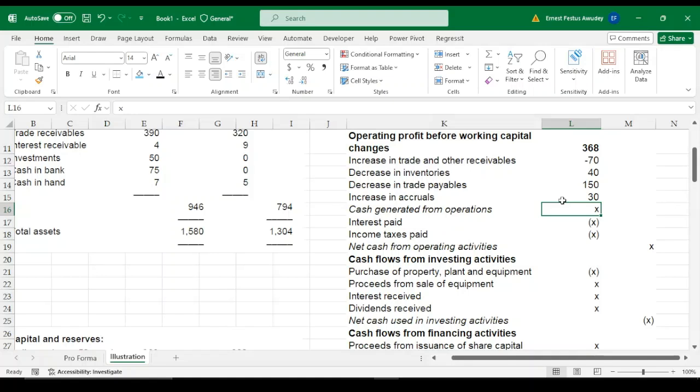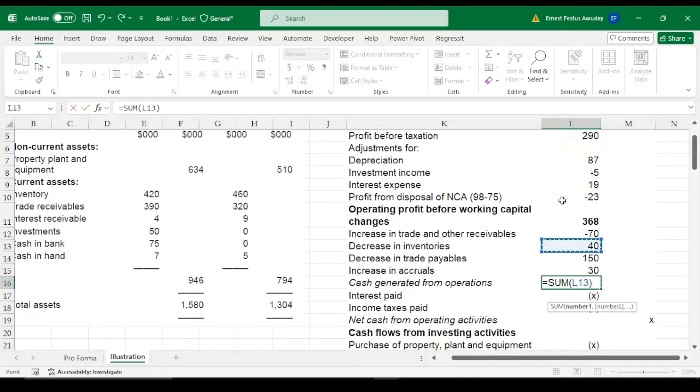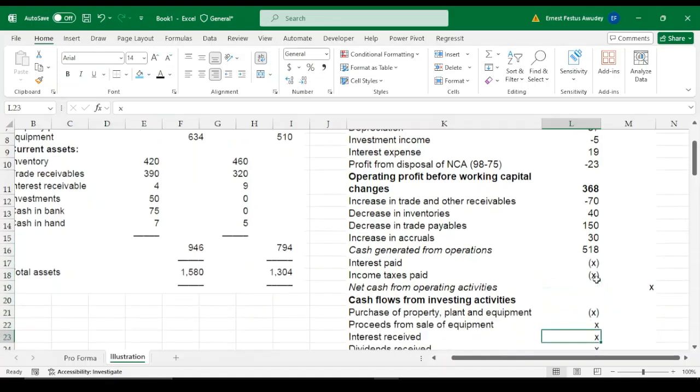So now that we have gotten all these figures, we can add everything together to obtain our cash generated from operations. I'll just use alt equals to add everything there, starting from here, and that will give me 518. So that is our cash generated from operations.